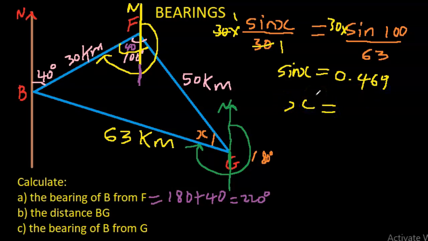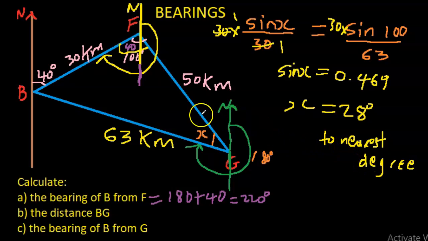Which means that X is equal to inverse sine of 0.469, which is 28 degrees to the nearest degree. That's 28 degrees to the nearest degree, to the nearest whole number.